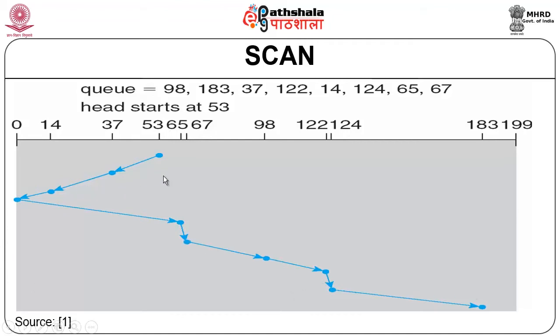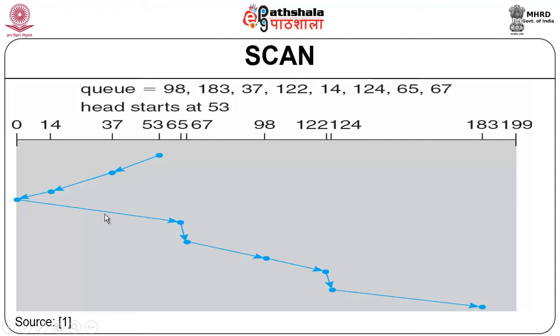While it moved from 53 to 0, suppose requests had arrived in the meantime between 0 and 53, it will service all these requests from 0 to 53, and only then it will service 65, 67, and so on while moving back to the other end.